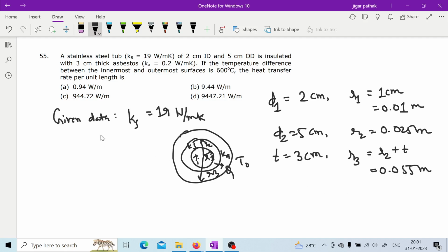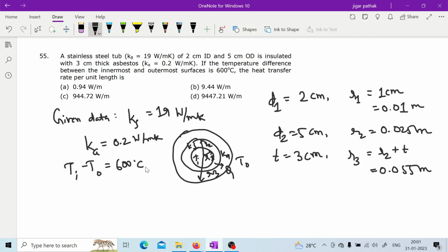So Ks is 19 watt per meter Kelvin, while Ka is 0.2 watt per meter Kelvin. Now Ti minus To is given as 600 degrees centigrade. Now what you need to calculate is Q per unit length.